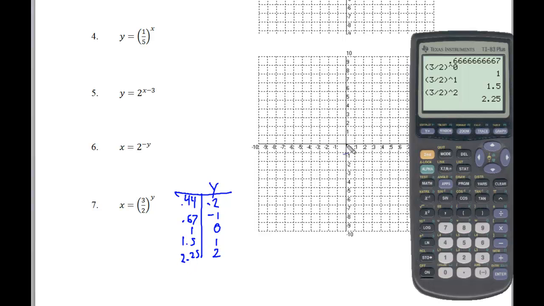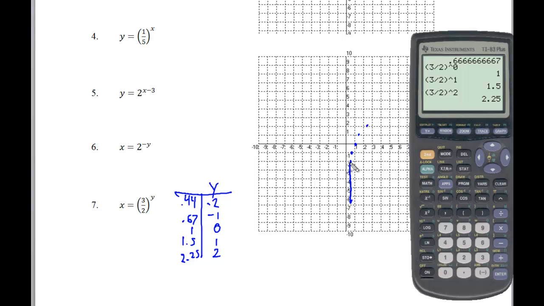It looks like I've got 0.44 on my x is negative 2 on my y. 0.67 on my x is going to be at negative 1. 1 on my x is 0 on my y. Let's see here, my 1.5 on my x is 1 on my y, and 2.25 on my x is 2 on my y.